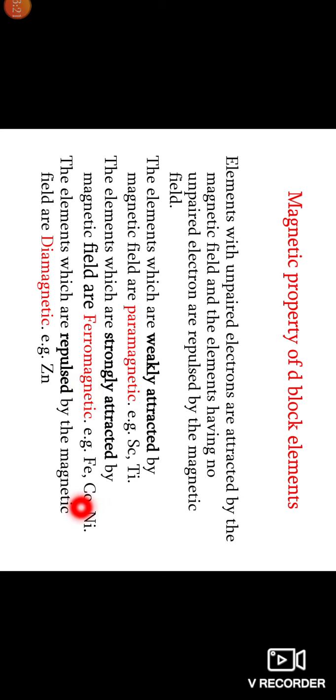Examples are iron, cobalt, nickel, etc. Again, zinc has no unpaired electron at all. All the electrons are in paired form, so it is repelled by the magnetic field and so zinc is a diamagnetic element. This is about the magnetic property of d block elements.